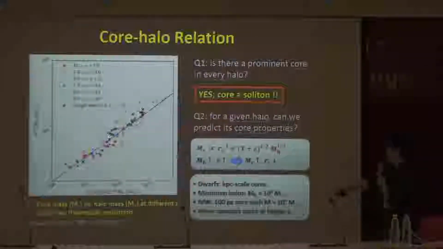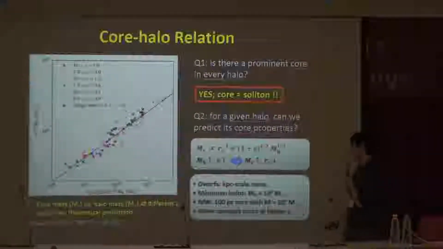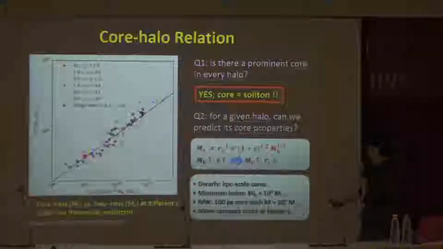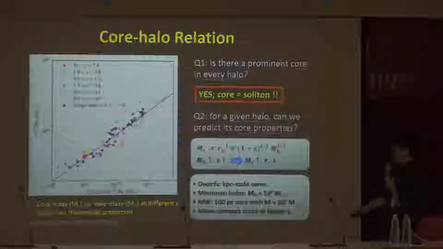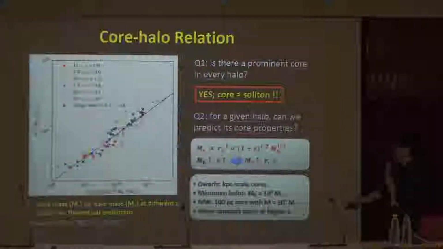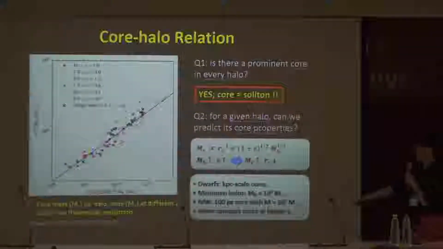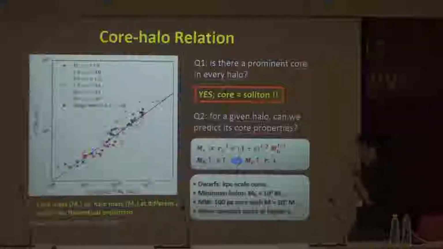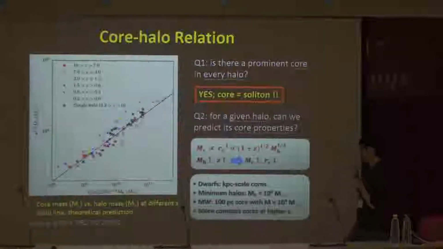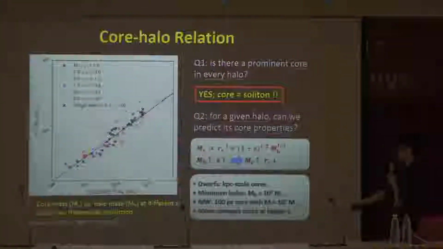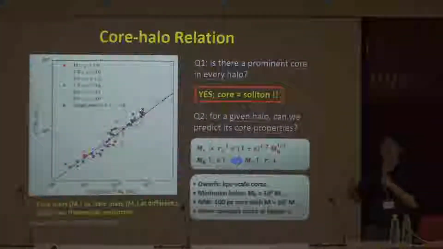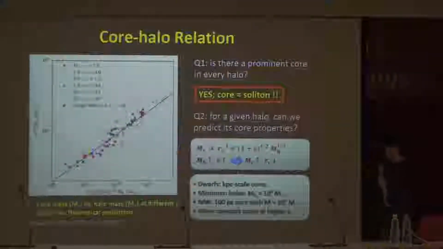For example, dwarf galaxies should have kiloparsec scale cores. There should be a minimum halo mass on the order of 10^8 solar mass. For a Milky Way-sized galaxy, there should also be a prominent core within about 100 parsec, with a mass on the order of 10^9 solar mass. And these soliton cores should be more compact at higher redshift, so at early times.